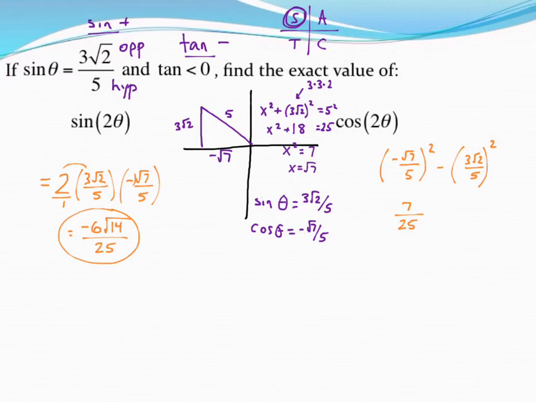That will always come out positive. Minus 3 square root of 2 squared. Remember, that's still the same thing as what we had before. That's still going to be 18. You can use a calculator or use my trick. Remember, it's outside times inside. So 3 times 3 times 2 would get you 18 over 25. And finally, subtract the two fractions in this case. 7 minus 18 is negative 11 over 25, which can't be simplified, and so there's our cosine of 2 times theta.